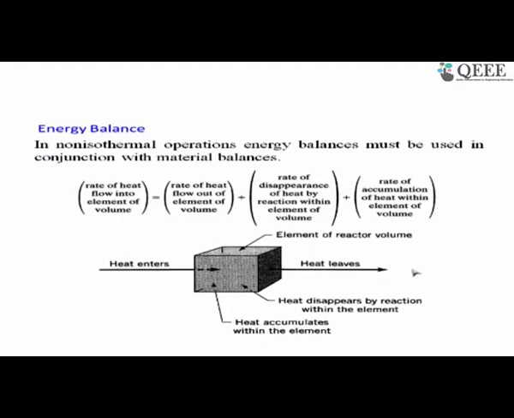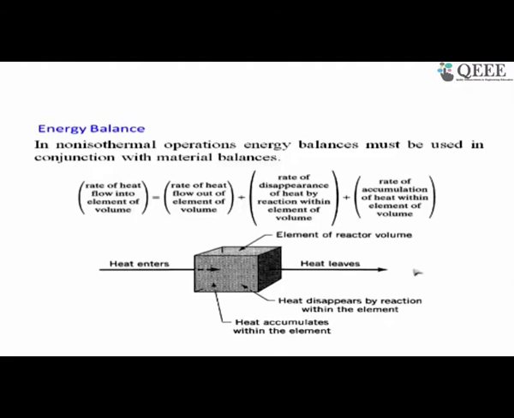I am not doing the energy balance because I am only teaching isothermal, homogeneous reactors. I just want to tell you that this is the approach. So we have to find out how much energy is entering, how much energy is leaving, how much energy is carried by the stream, and what is the accumulation. Similarly, mass entering, mass leaving, accumulation, and change by reaction. Right? So these are the general expressions that we have.